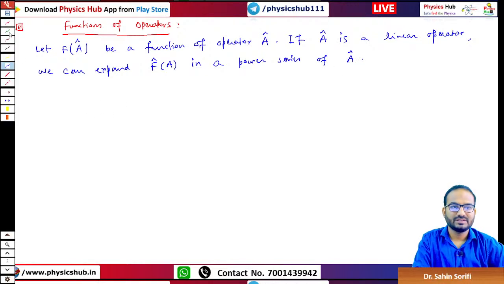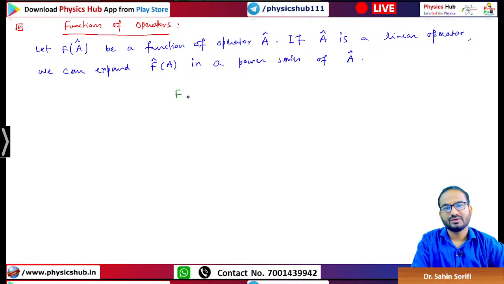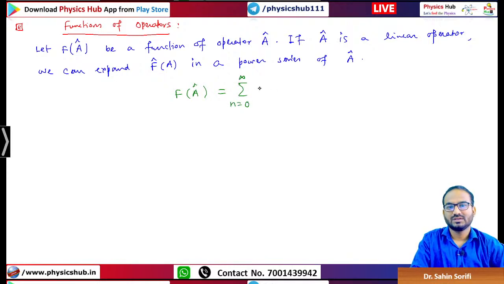So we can write the function of A as a1 A plus a2 A square plus a3 A cube plus a4 A to the power 4, and so on. You can write it in the form of a summation, n equals 0 to infinity, if you start with a0, that is okay, of a_n A to the power n.